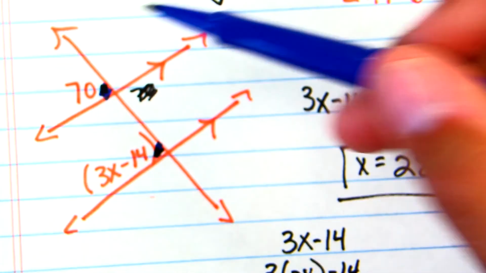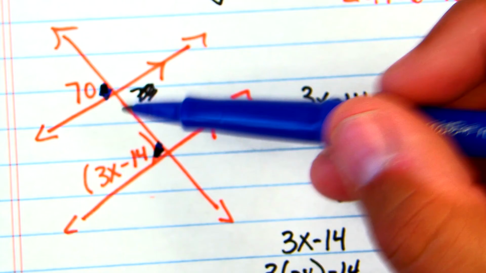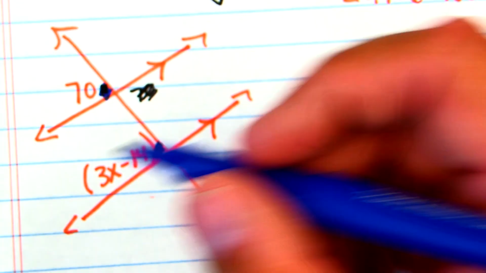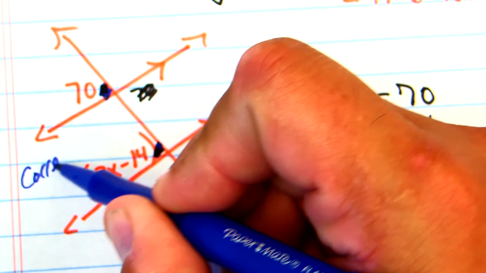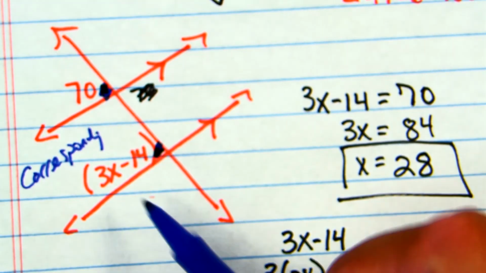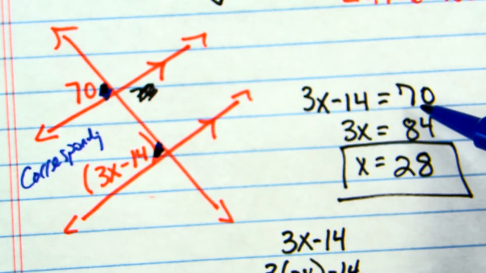Knowing these angles are on the same side of the transversal, one's outside and one's inside, that means these angles are corresponding. Since they're corresponding, I know that they equal each other. So I say 3x minus 14 equals 70.